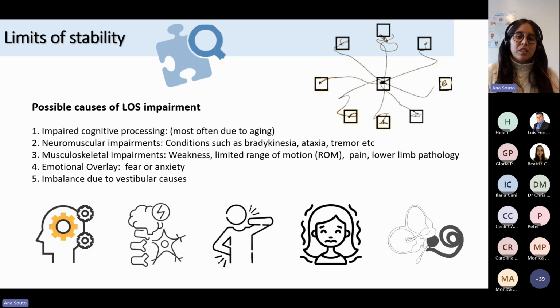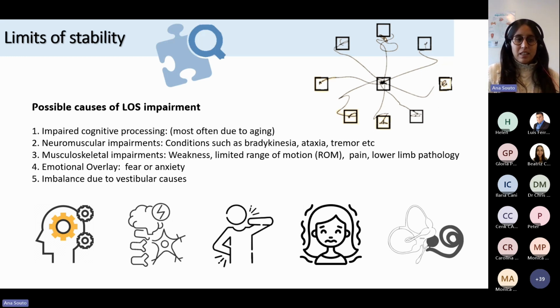So if you want to assess balance with this protocol in a person who is recovering from a lower limb injury, you will clearly see an asymmetry of movement and motor control in the different directions.